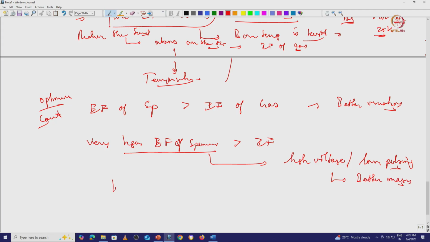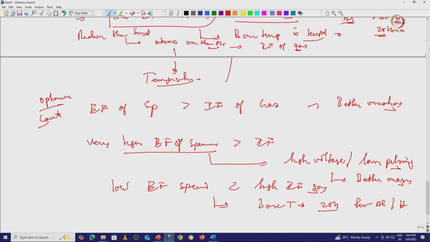If you have a low evaporation field material or specimen and a high ionization field gas, then imaging is possible only when the base temperature is kept very low. So it's around 20 Kelvin for aluminum if you image with helium gas.